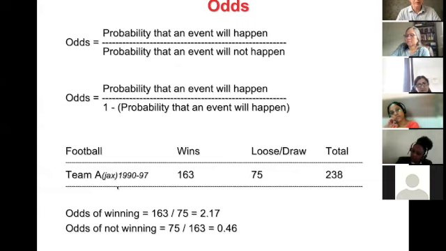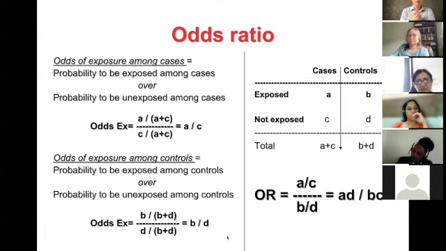I don't know if you're football fans, but Ajax Amsterdam is quite famous, and I had to look at what odds they had of winning instead of losing or having a draw. And they were really very successful at that time. So the odds of winning is 2.17, and the odds of not winning is 0.46.